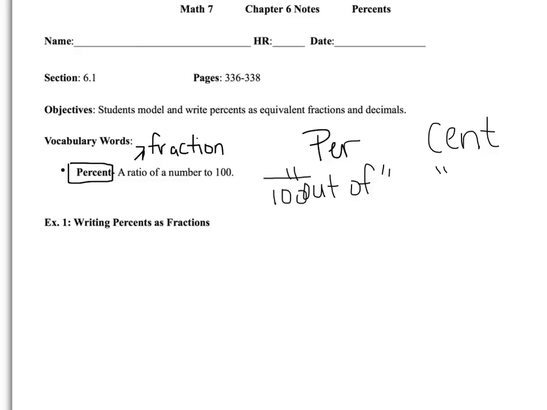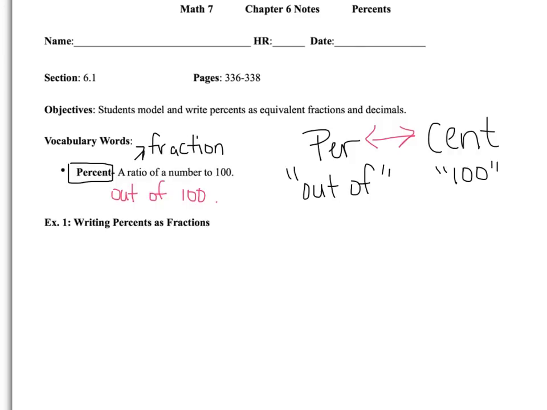So cent means 100. Per means out of, cent means 100. So when you put those two roots together, percent means out of 100. So add that to your definition. Out of 100. I guarantee you I'm going to ask you what percent means. It's going to be out of 100.